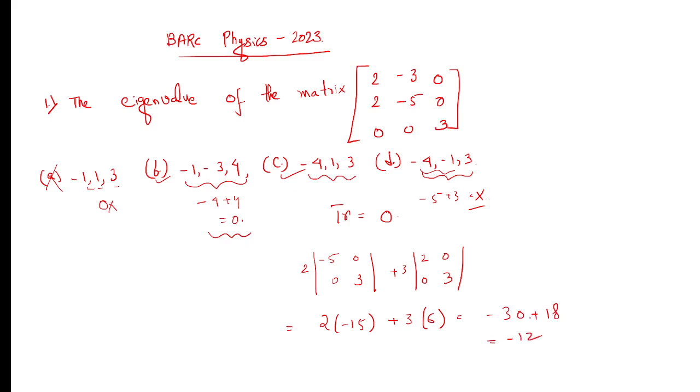So it's minus 12. What I have told, the product of the eigenvalues is the determinant. So let's check. We're getting plus 12 if we multiply all the things, and we're getting minus 12 from here. So the correct answer should be C. So let's go to the next question.